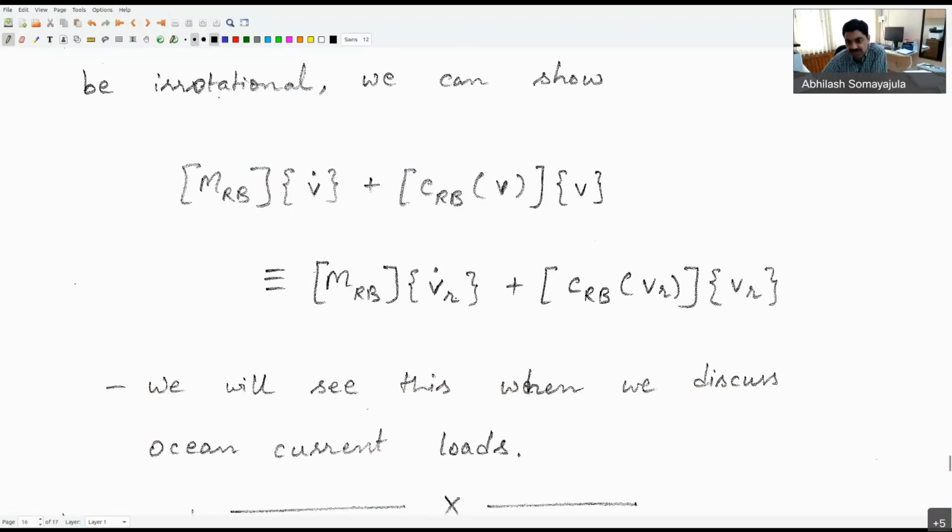We are going to see this again when we talk about how the ocean currents are modeled and how the ocean current forces will be included into our dynamics. At that time, we will discuss this more.